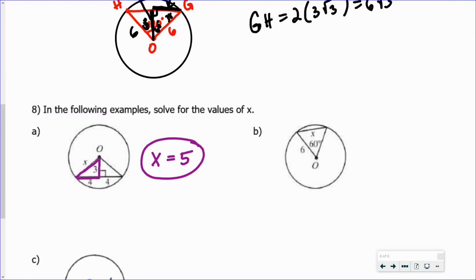Letter B, if we look and see, I'm going to call these points H and G, so we have a reference.